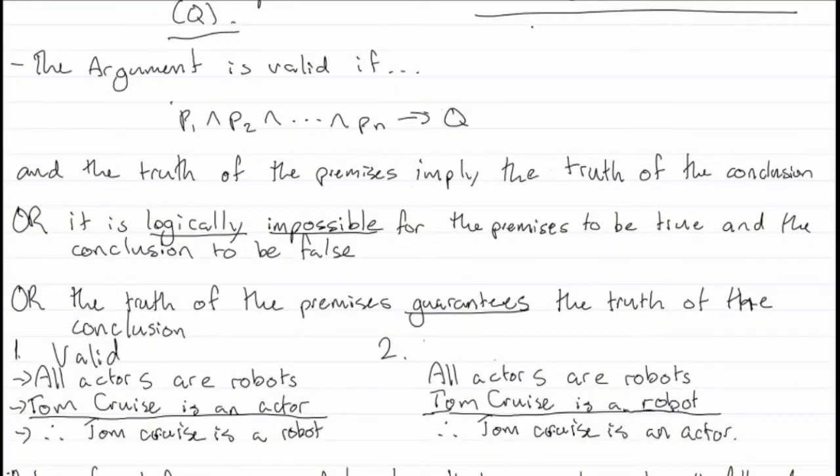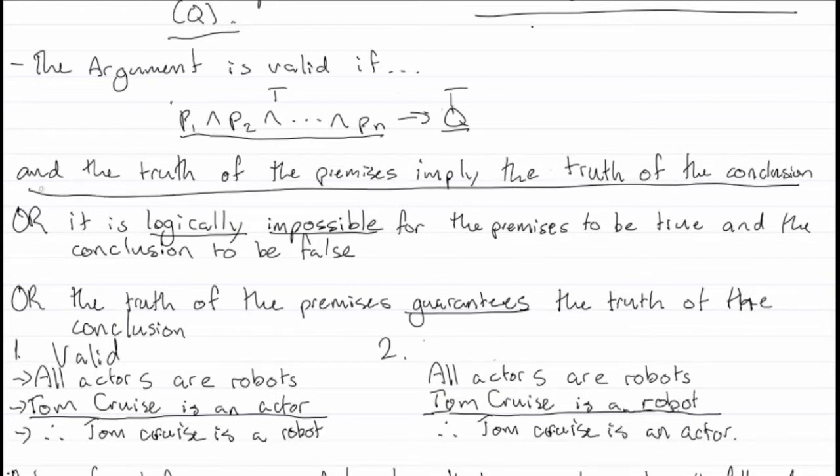Like I said right now, when you have all these premises which are true and they imply that the conclusion is true, then the argument is valid. So that's what I said here. When the truth of the premises implies the truth of the conclusion, the argument is valid.